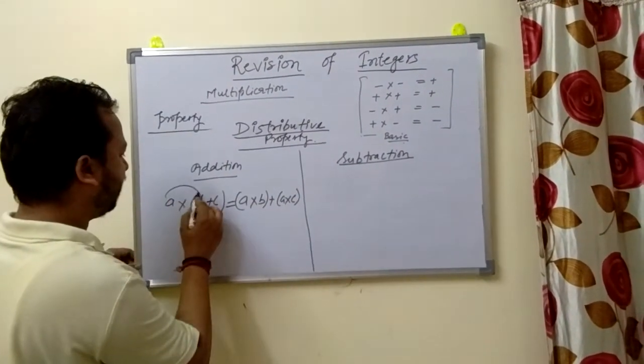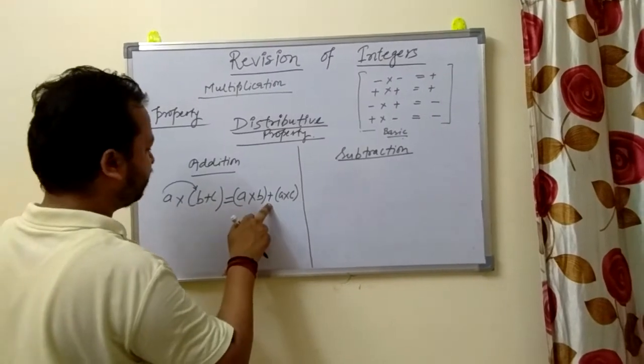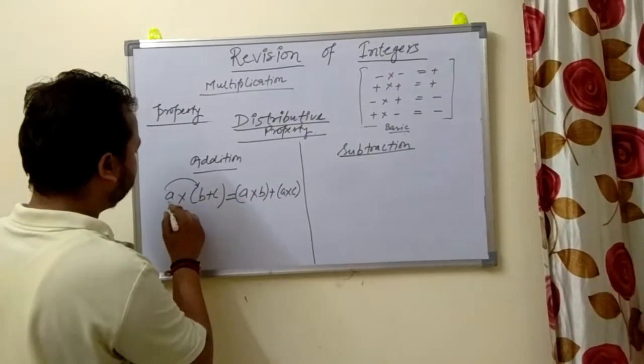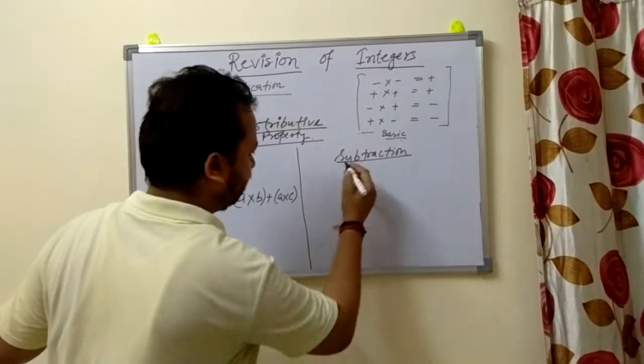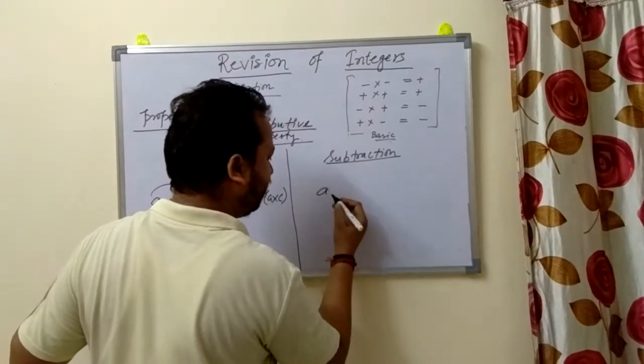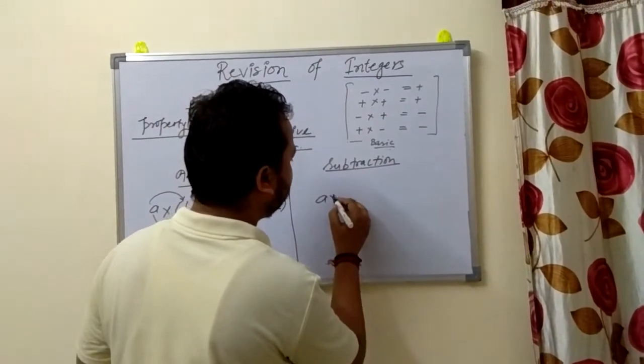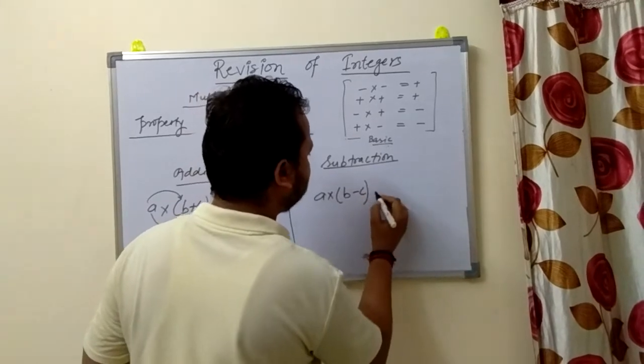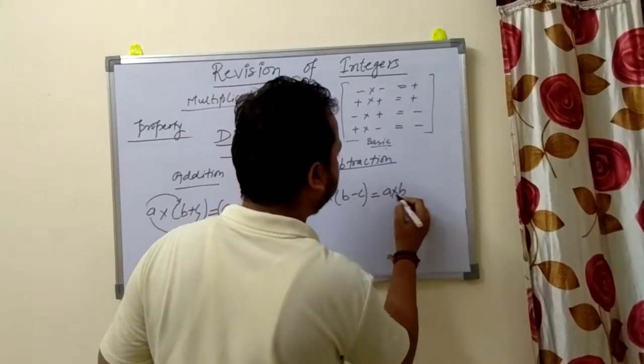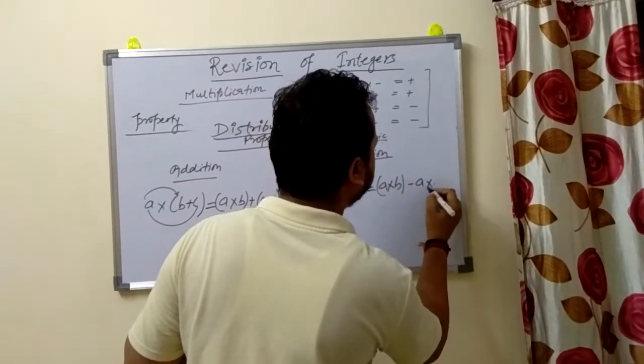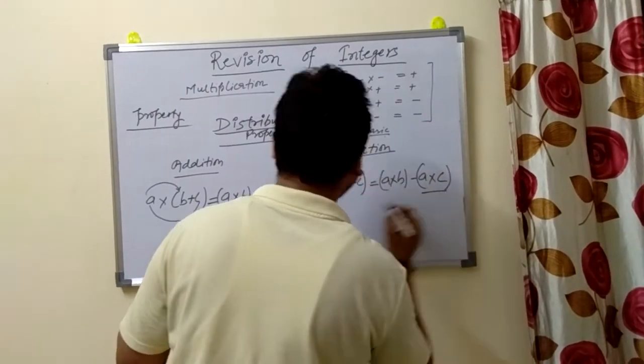Means first you multiply a to b, put addition sign here because addition is there, then a multiplied to c. In subtraction part, for any three integers a, b and c, a multiplied by (b minus c) gives a multiplied by b minus a multiplied by c, right?